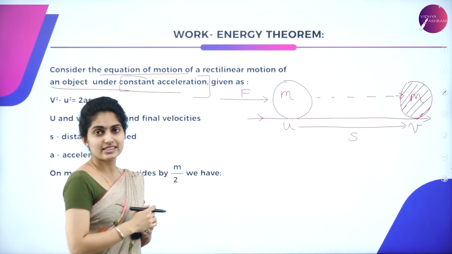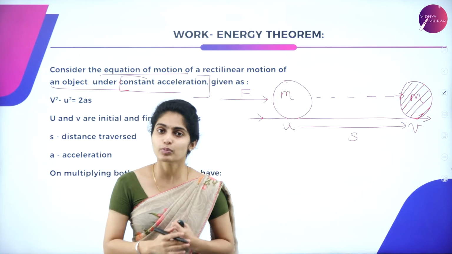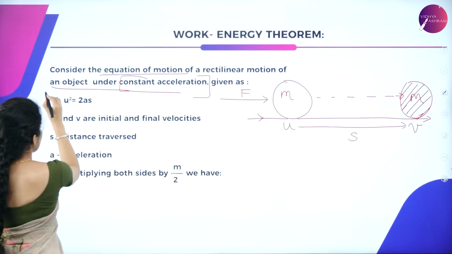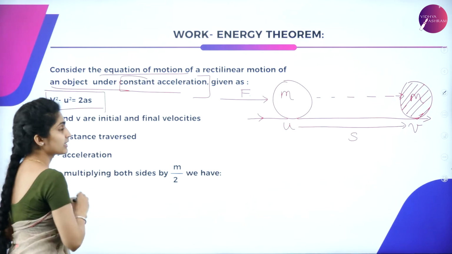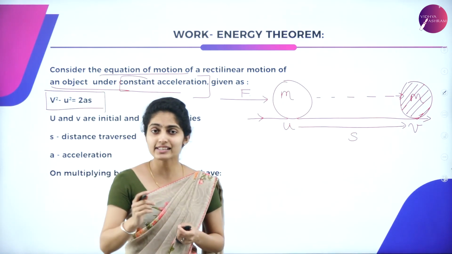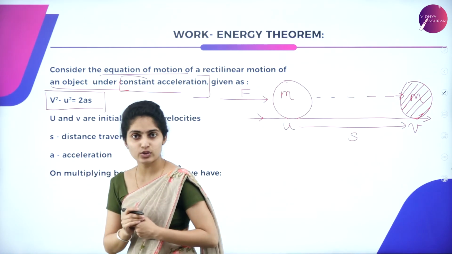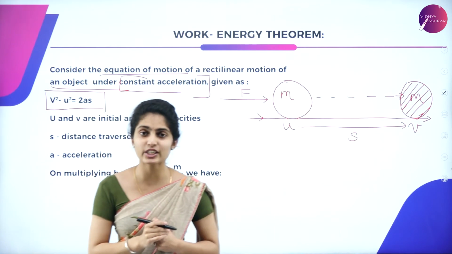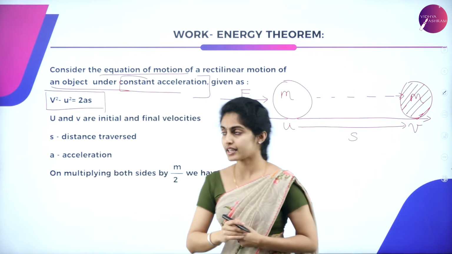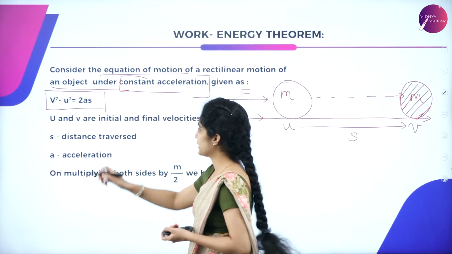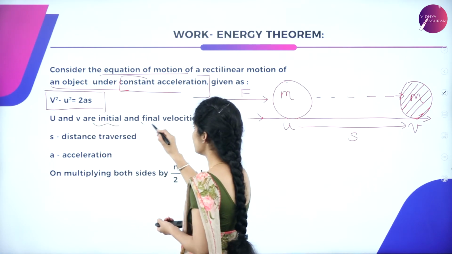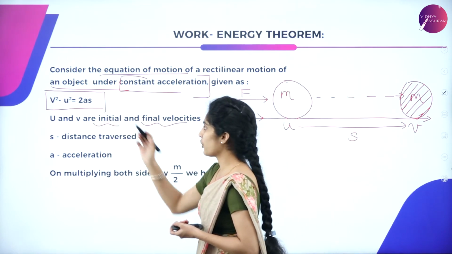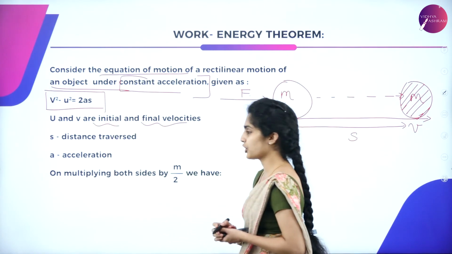Under constant acceleration, we have the position velocity equation, that is v square minus u square is equal to 2as, where v is the final velocity and u is the initial velocity, which is equal to 2 into acceleration into displacement. So u and v are the initial and final velocities, s is the distance traversed, and a is the acceleration.